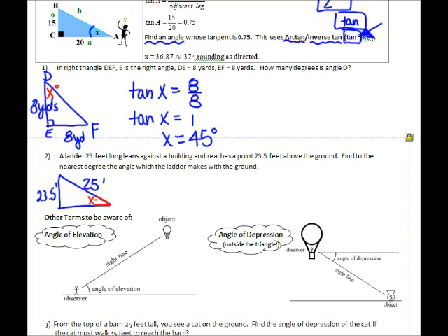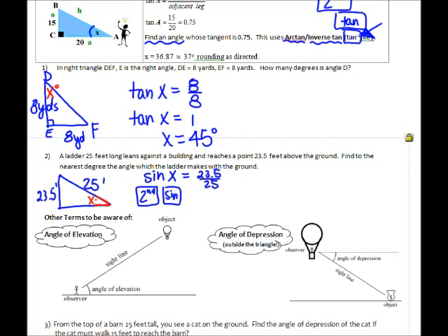So think in your head of what ratio you would use here, and hopefully you thought of sine. So the sine of some angle is 23.5 over 25. All right? So what you want to do is press your second key up at the top, and then press sine, okay?